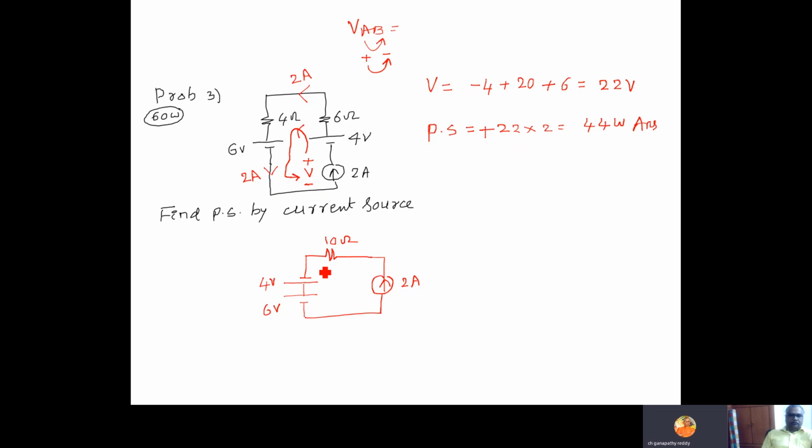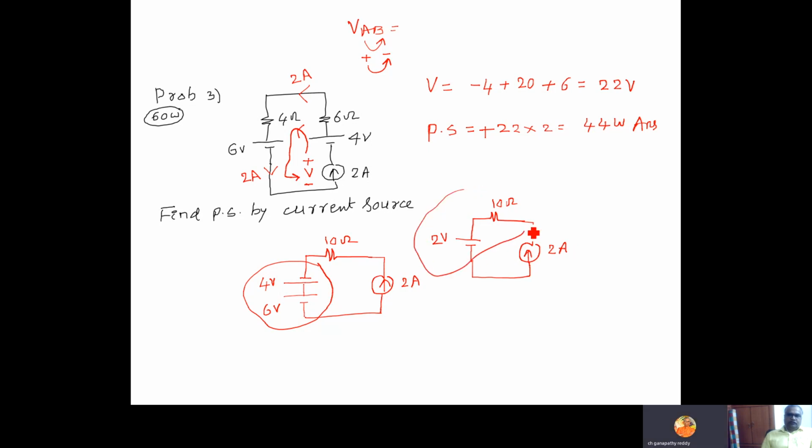Now, next step, these two can be added. Here 6 upward, 4 downward. What is the total? Total of 2 volts. Then 10. Then 2 amps.